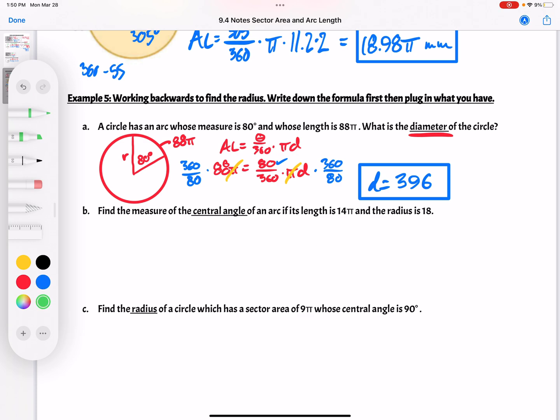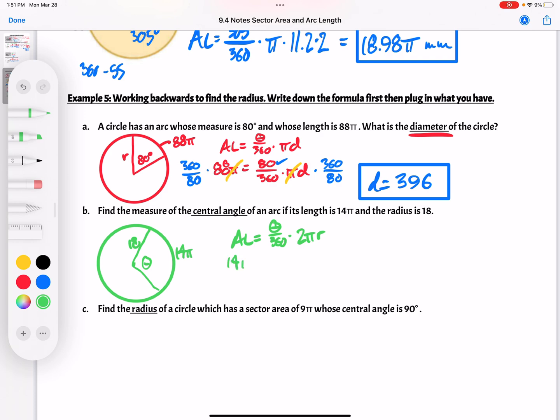Next one, got another circle. And here, what do we know about this circle? We want to find the angle. The arc length is 14 pi, and the radius is 18. All right, so arc length equals theta over 360 times 2 pi r, because here I'm given radius.